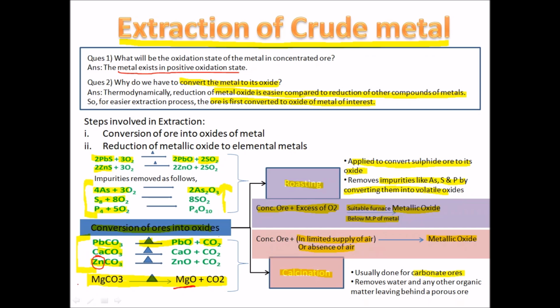Just like the previous three reactions, you write down the equation as MgCO3 on heating gets decomposed to MgO and carbon dioxide. During this process of calcination, the water of crystallization present in the hydrated oxide escapes as moisture, and any organic matter, if present, also gets expelled, leaving behind a porous ore.